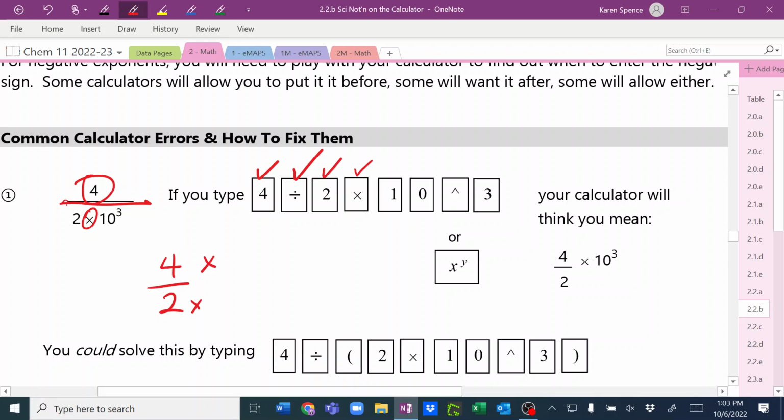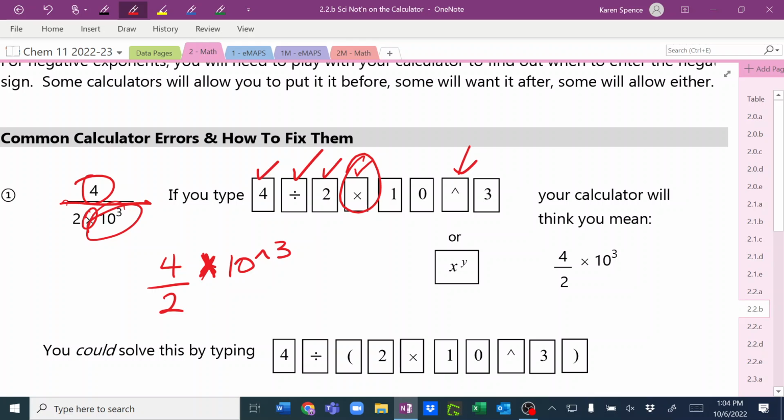It doesn't think the times sign is down here. It's like, I'm taking 4 divided by 2, and then I'm multiplying it by something. I'm not dividing. So if you do that, and then you type in 10 to the 3, you're going to end up with 4 divided by 2 times 10 to the 3, whereas you wanted 4 divided by 2 divided by 10 to the 3. You wanted 10 to the 3 in the denominator. But by not using that caret and typing in all those extra times 10 business, you avoid that mistake altogether.